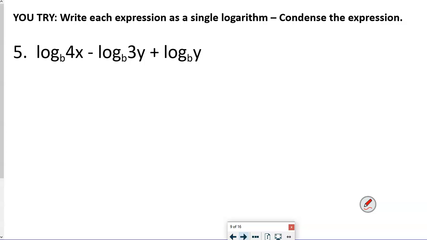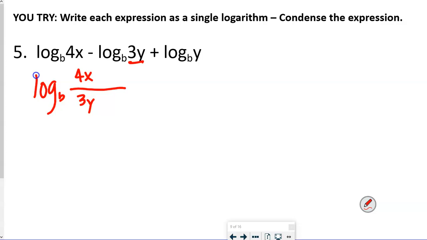So with the Y-tries, what I'd like you guys to do is try to attempt this and then come back to me when you're done. Okay, so first thing I notice is that they've all got a log base b. So we got log base b of 4x. And then we got this minus, that means this term is going to the denominator. So then we're going to put that 3y down here.